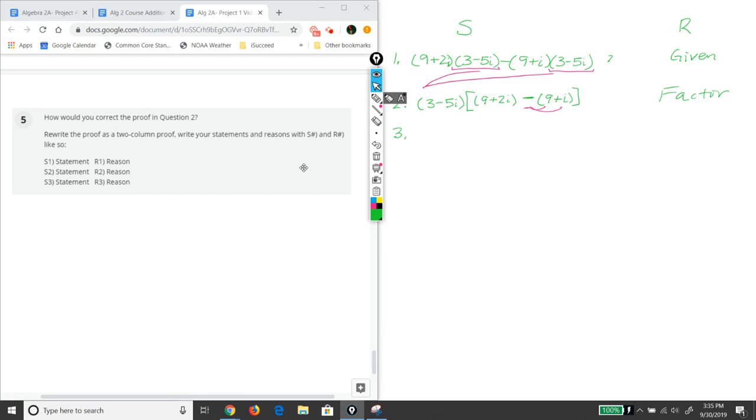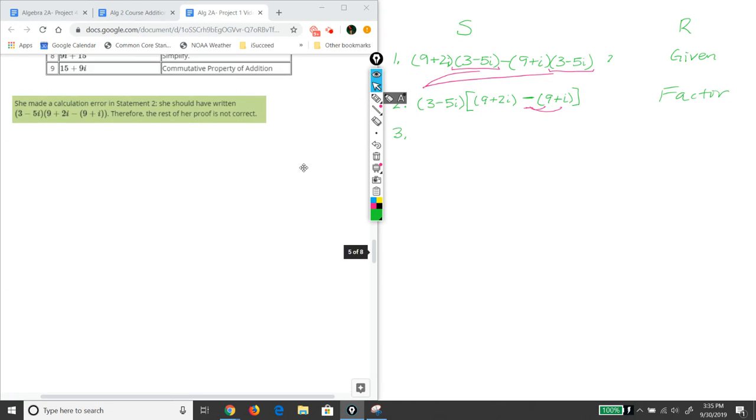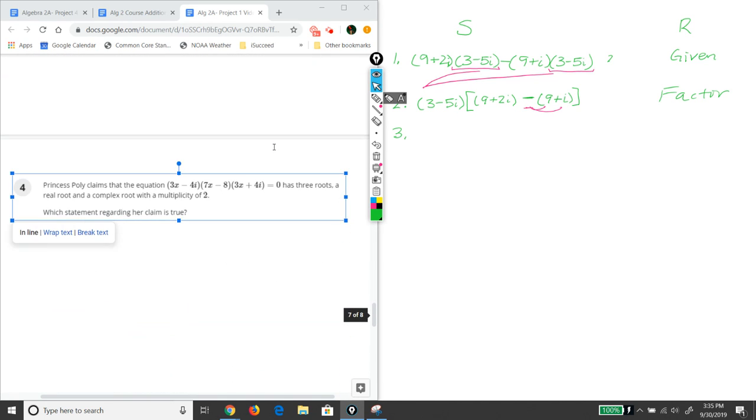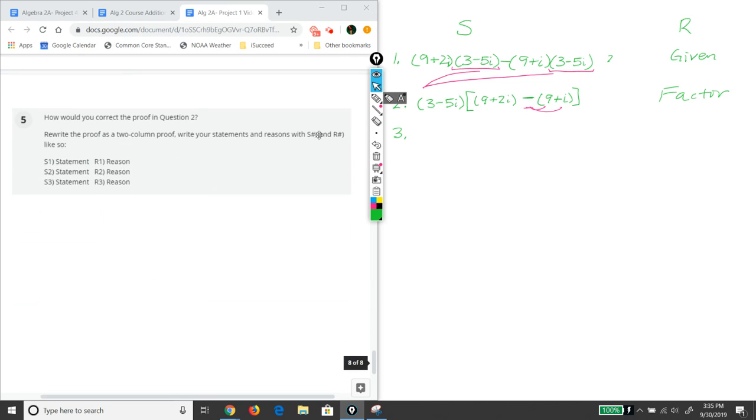If you are like me, my mistakes are always because I wrote down the question incorrectly. So 9 plus i. Okay, I did write it down correctly. So we're going to simplify it. Minus 9 minus i, which would be our distributive property.